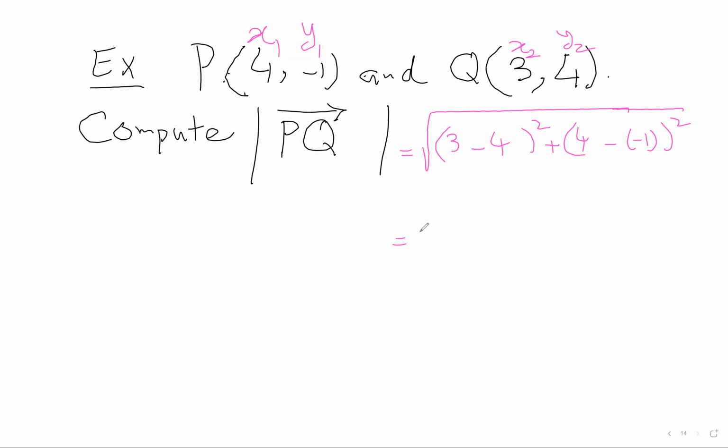Three minus 4 is negative 1. Negative 1 squared is 1. 4 minus negative 1 is 4 plus 1, which is 5, and 5 squared is 25. 1 plus 25 is 26. So under the radical, I have 26. As an exact number that cannot be simplified more, the radical stays, and this will be the final answer. So the length of that vector PQ is radical 26.